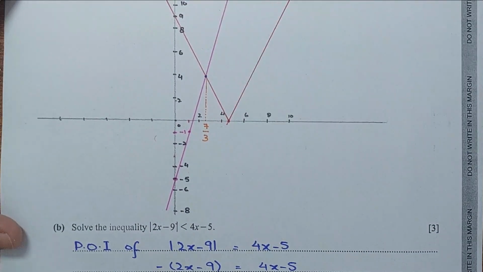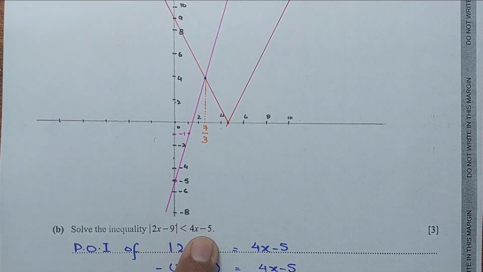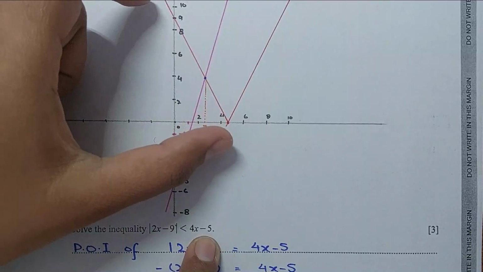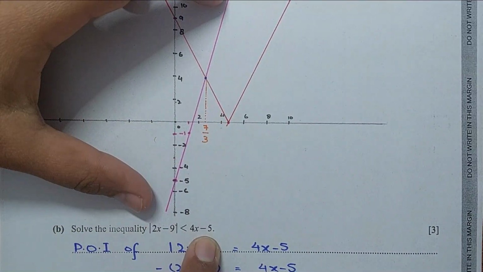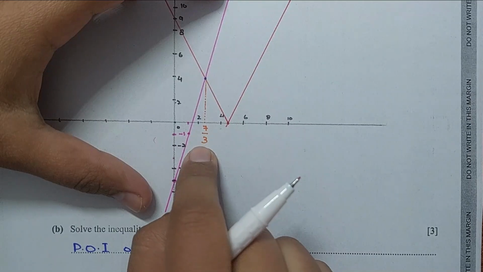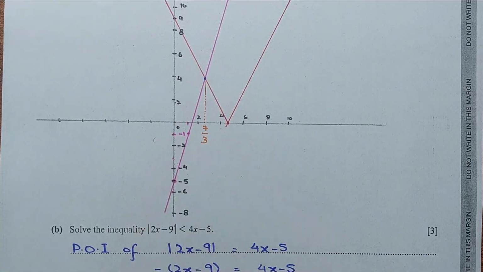Okay, so the absolute value function and the linear function intersect at this point, right? Now we need to figure out when this absolute value function is less than this linear function. So the absolute value function is less than this linear function when you put values of x which are more than 7 by 3 or less than 7 by 3. This is what we need to figure out, right?